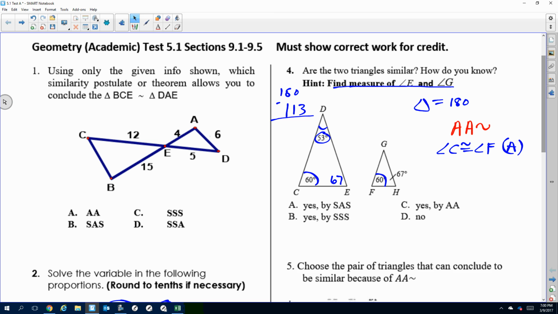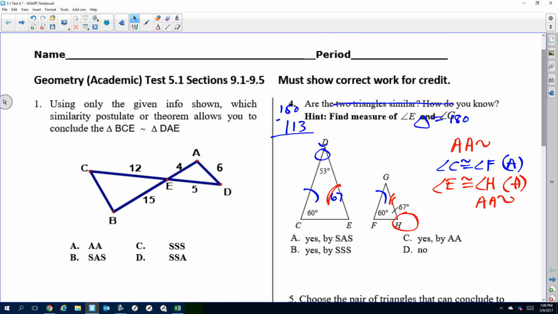And this is what you could write on your test. And now that I found angle E, I now know angle E is congruent to angle H. That's the other angle. So now I can use angle similarity. So the answer here was C, yes. Okay, so you're going to see that again. And then you can also see 5 again.